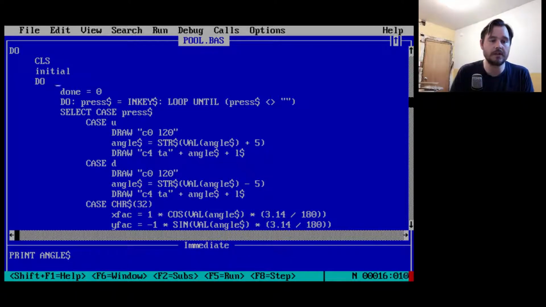Now we're going to start the second game loop. Done equals 0. Of course, we haven't finished yet. Wait for a key press. Okay, if we pressed up, then what we're going to do is color 0, left 20. So remember, the draw command always starts drawing at the last point at which it stopped.